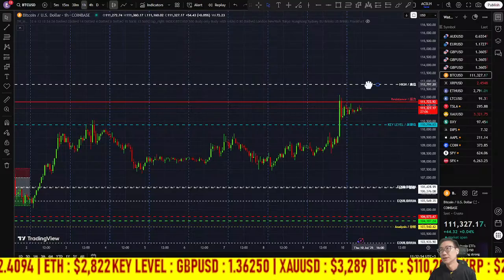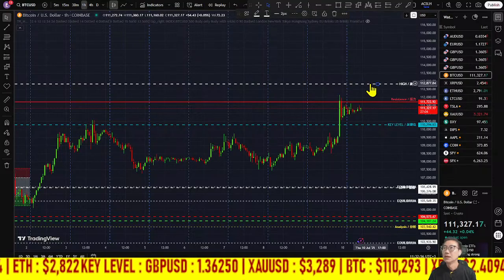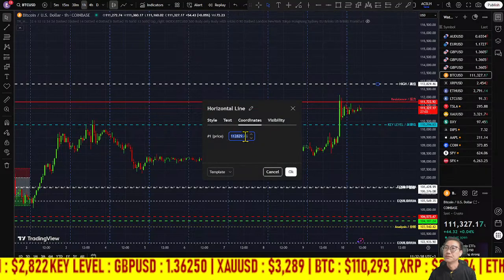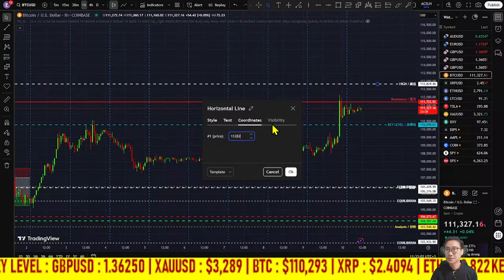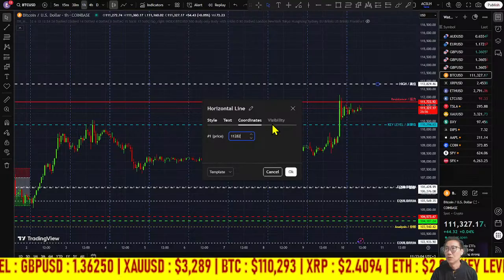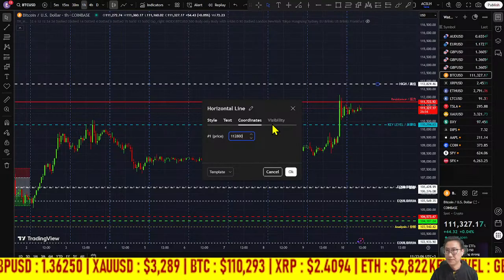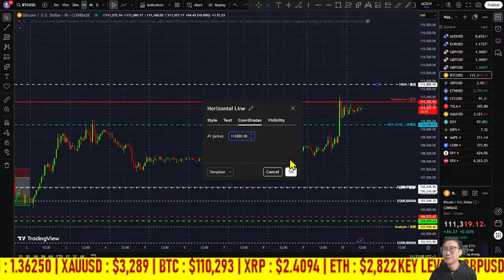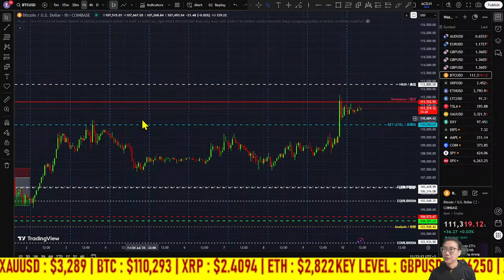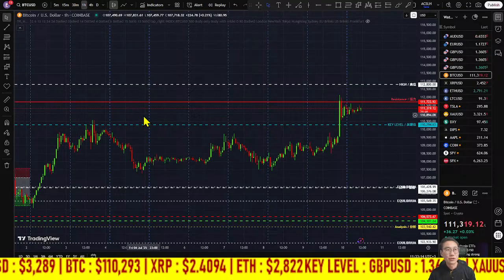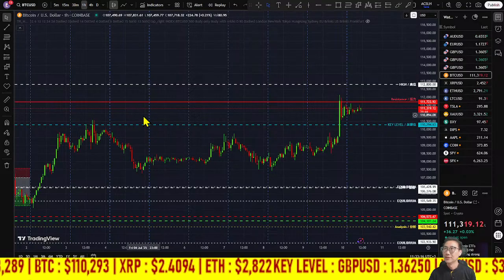It should be around here. So are we looking out for all-time highs again for Bitcoin?